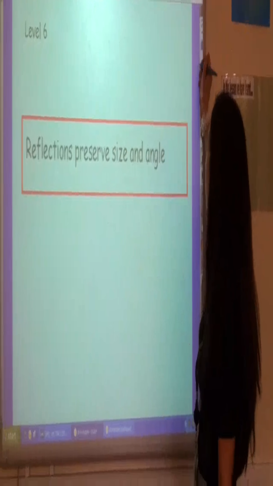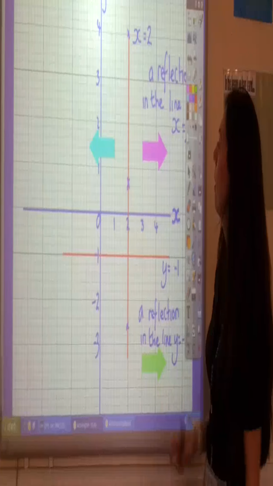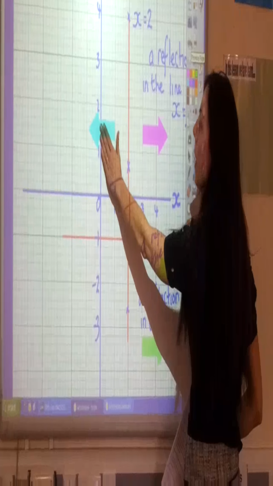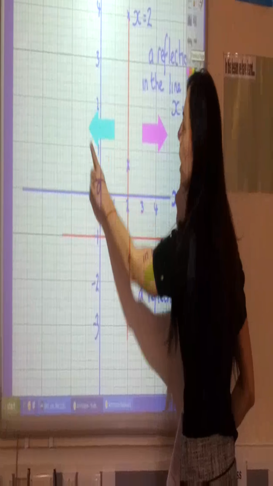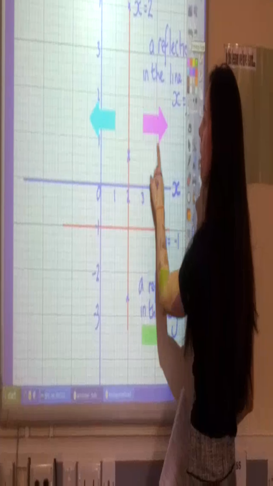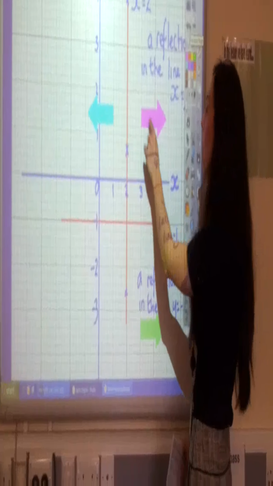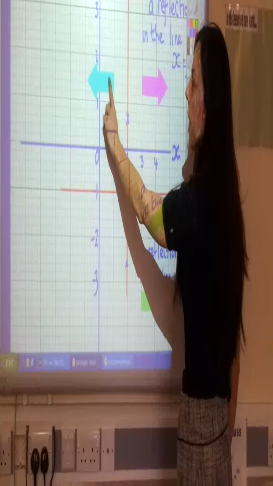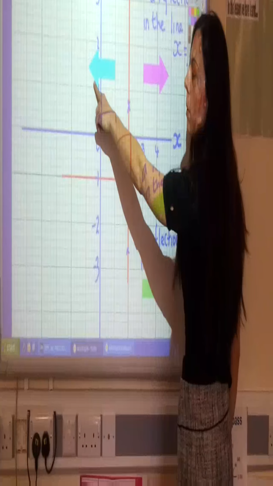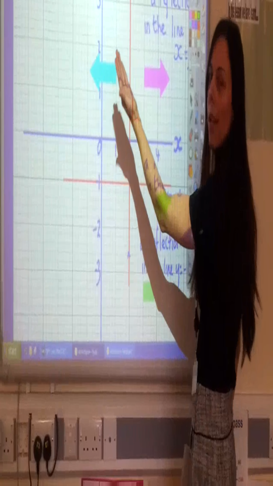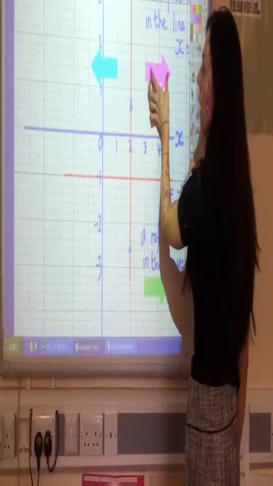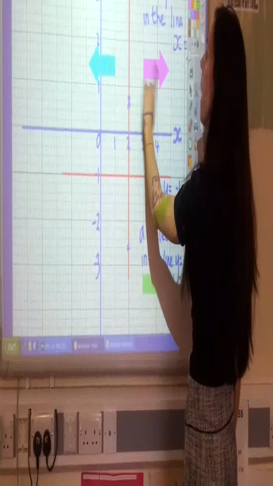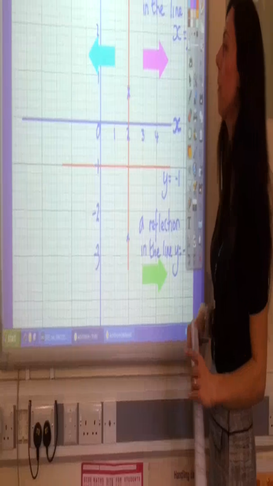And what we mean by that, if we go back, the reflection here, of here, this shape is exactly the same size as this shape. The angles inside this shape are exactly the same as the angles inside this shape. So my reflection has kept the size of the object the same and has kept the angles of the object the same.